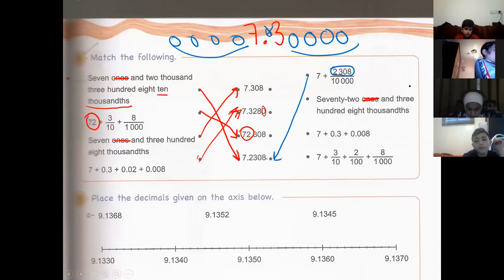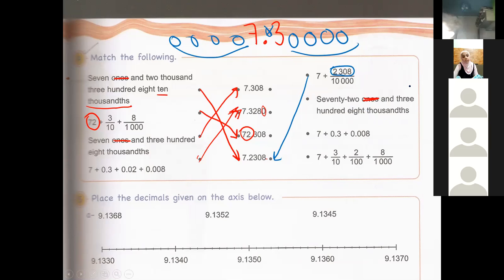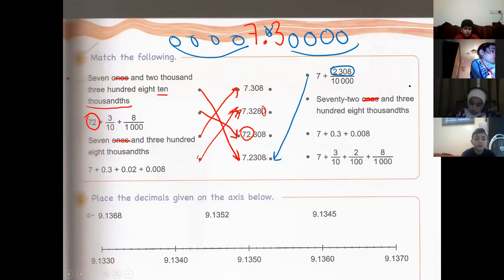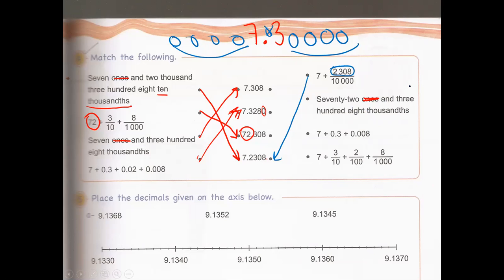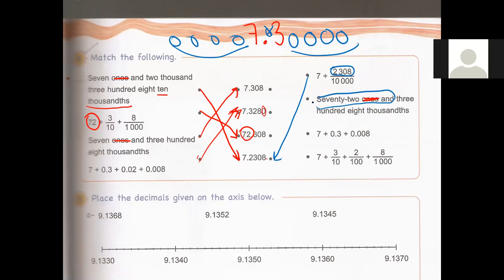Mohammad Ajawi, we can't continue this way if you want to answer without permission. Jude Asad, listen carefully. What do I mean by 72 and? So what is the whole part, Jude? 7 or 72? 72.